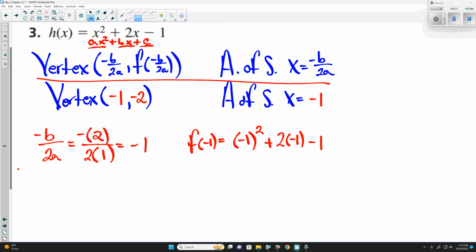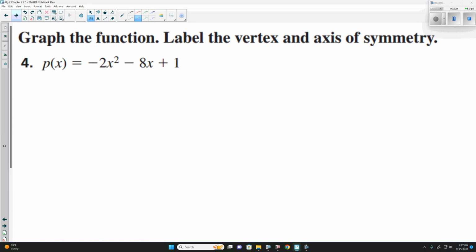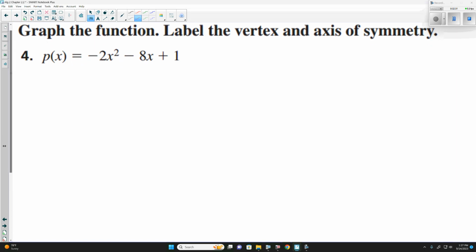Questions on axis of symmetry or vertex? I feel good with these here. Let's look at the next one.